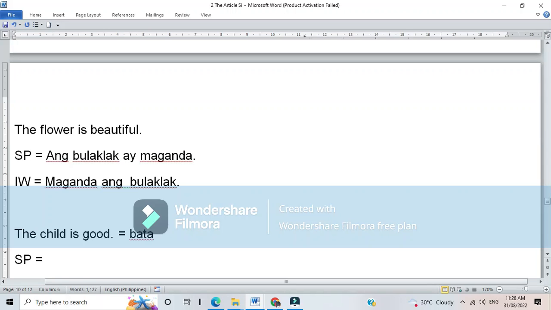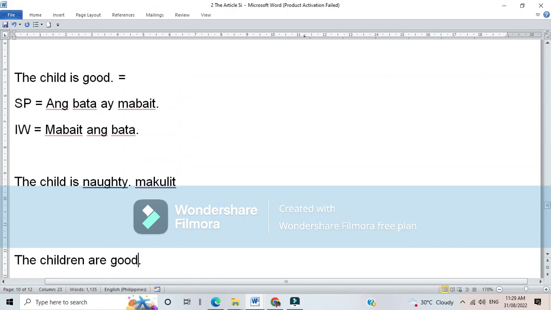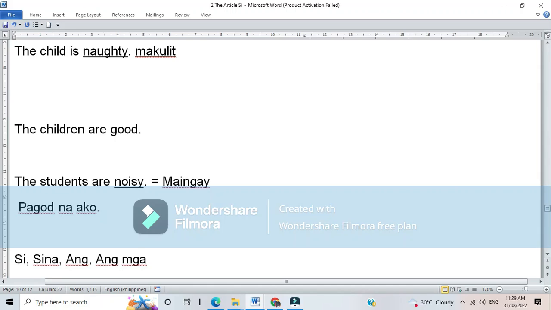So let's use the subject predicate. Ang bata ay mabait. Okay, so mabait is good. Child is bata. Okay, let us use the inverted word order. Mabait ang bata. Okay, so that's the use of article ang. Article ang is used to introduce a common noun. How about ang mga?